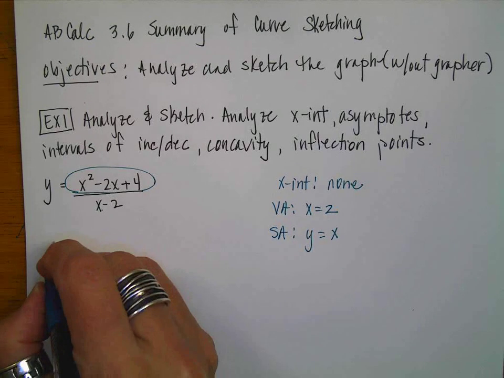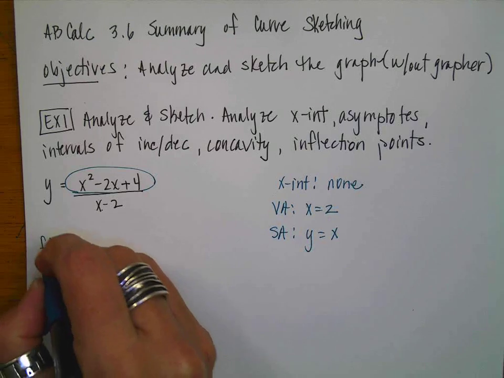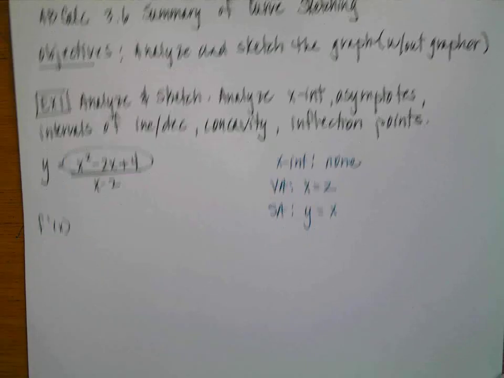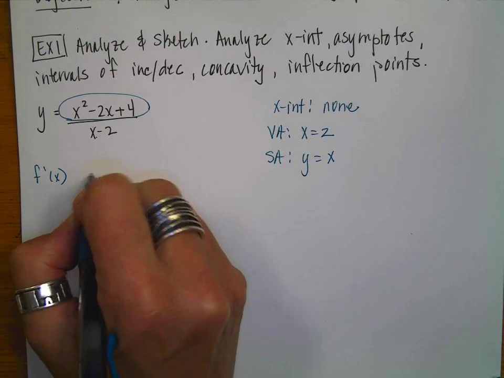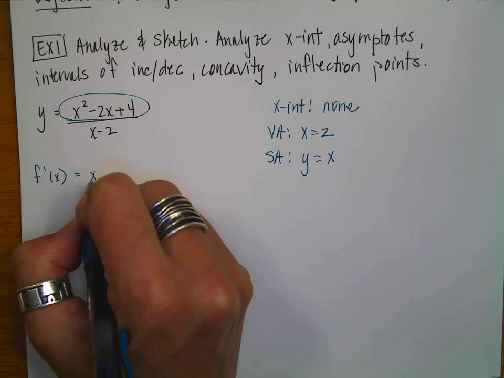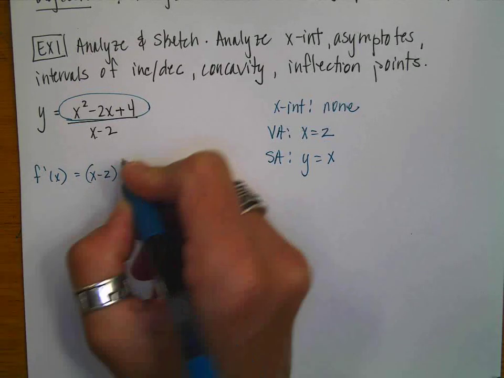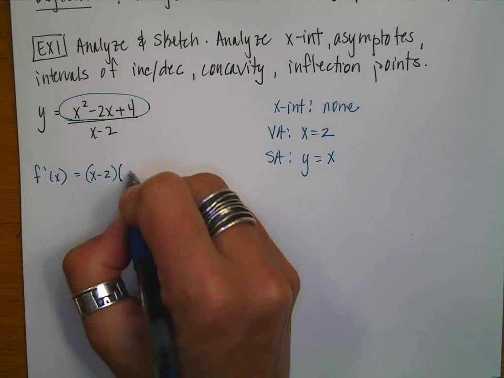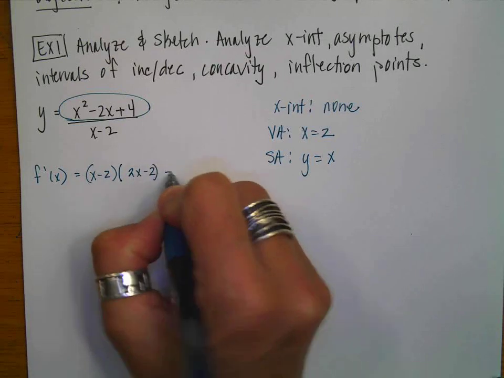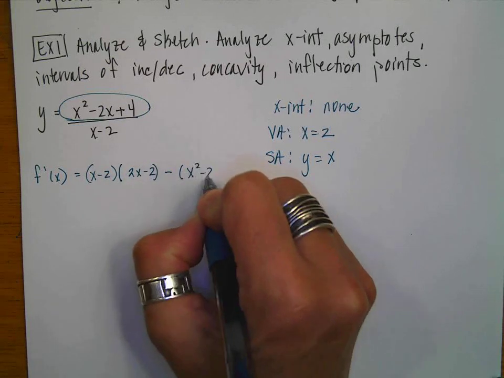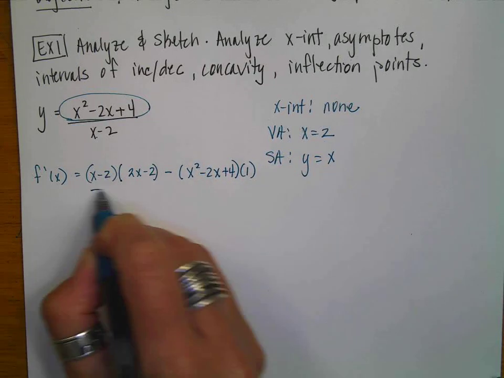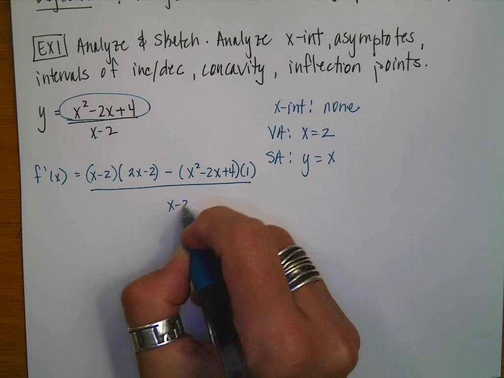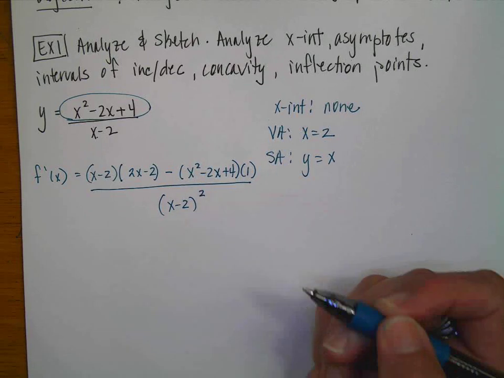Now let's talk about my derivatives. If I do f prime of x, this is not reducible to make it simpler, so I'm going to have to do the quotient rule. It's going to be low d high, so the derivative of the high is 2x minus 2, minus the high, x squared minus 2x plus 4, times the derivative of the low, over low squared.